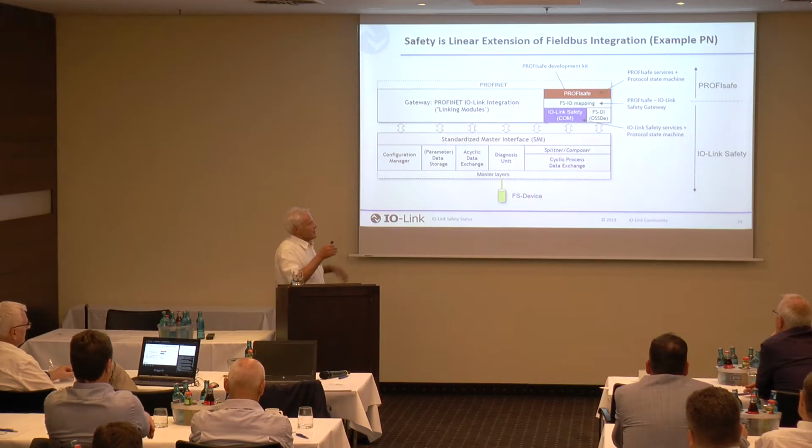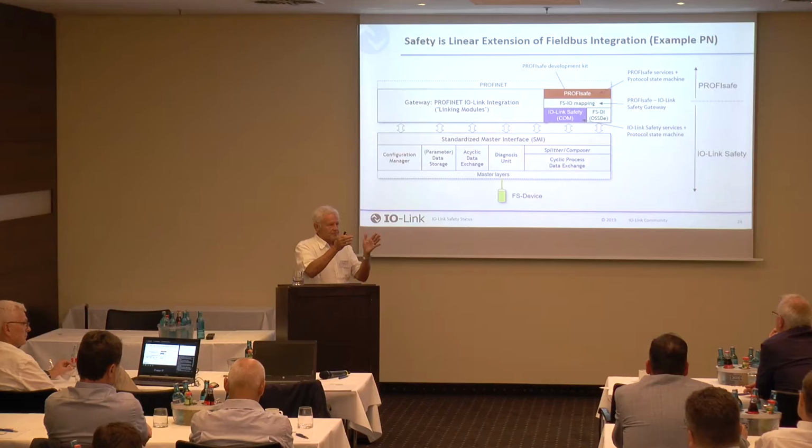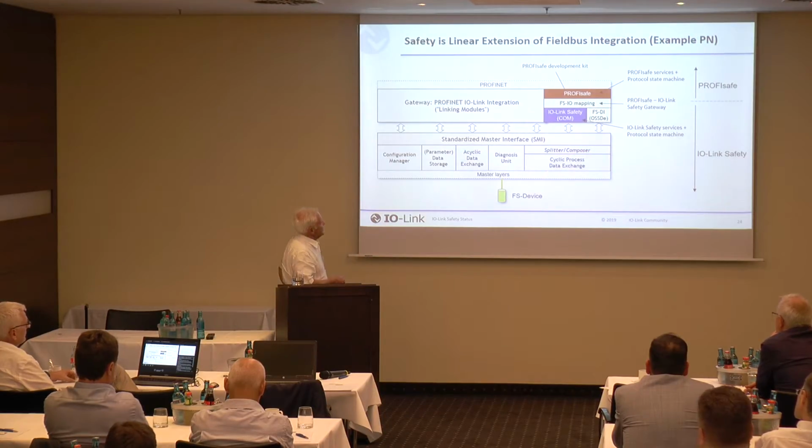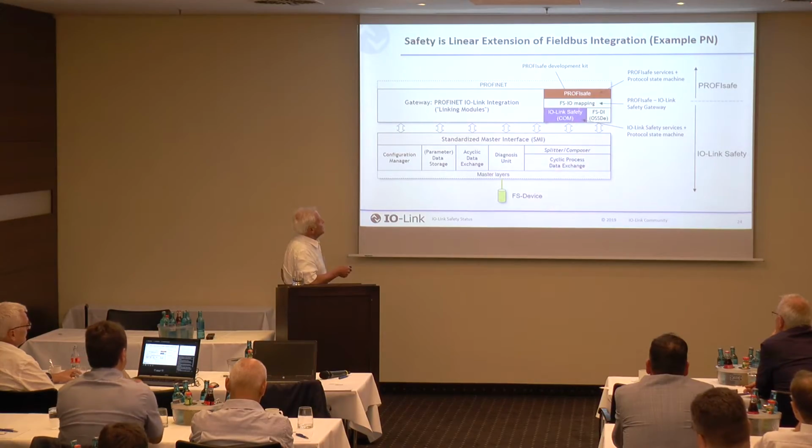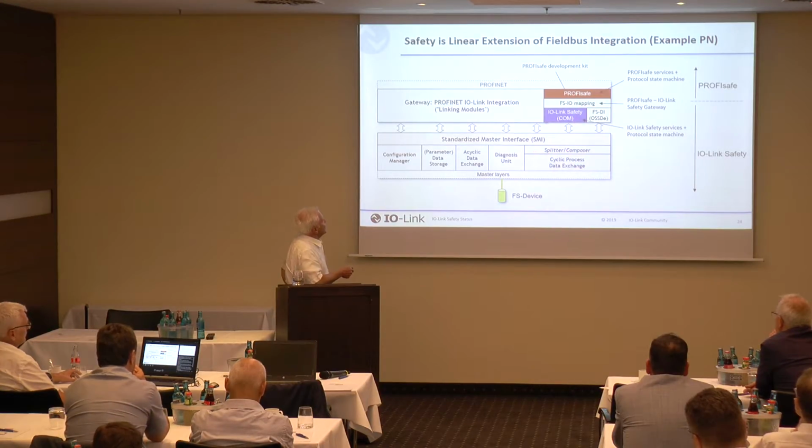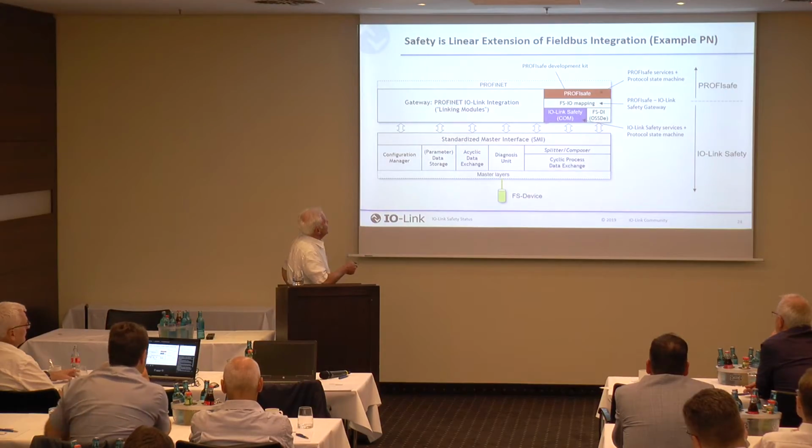you have seen the safety message, the yellow part and the gray part. We have to split the message that comes from an FS device, for example, into the safety part that goes up to this gateway part, and the non-safety part that goes up to the gateway for non-safety.